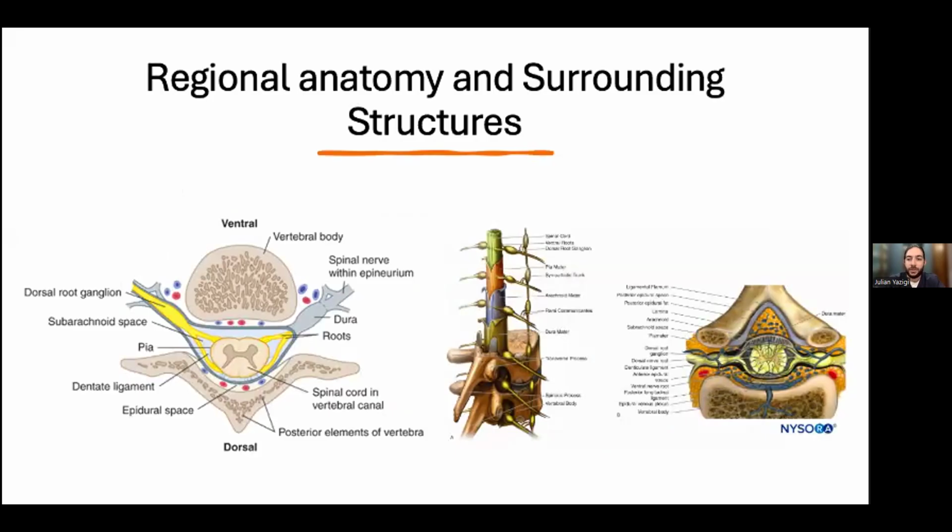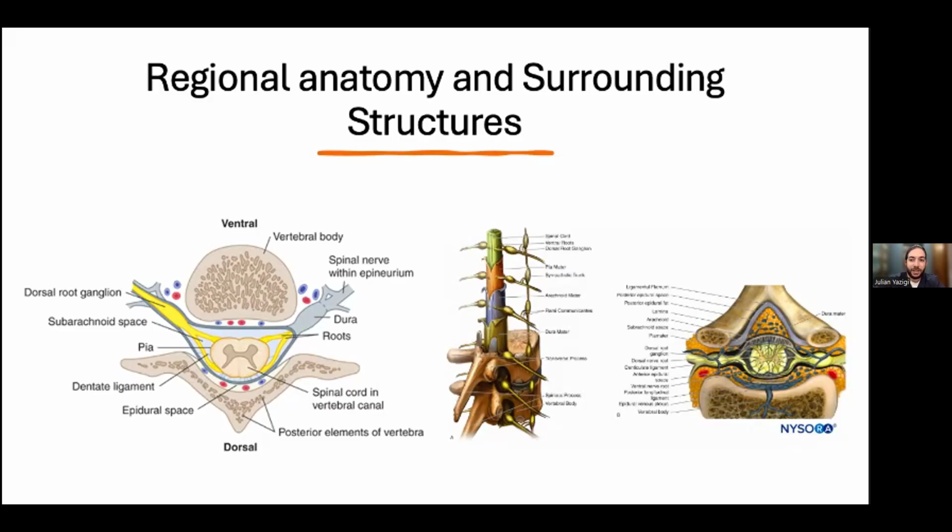Although it is continuous with the medulla oblongata at the level of the foramen magnum, the spinal cord itself is shorter than the vertebral column, terminating near the lower border of the L1 vertebral body in adults, where it tapers into the conus medullaris. So below this point, the remaining lumbar and sacral nerve roots descend vertically within the subarachnoid space, forming the cauda equina.